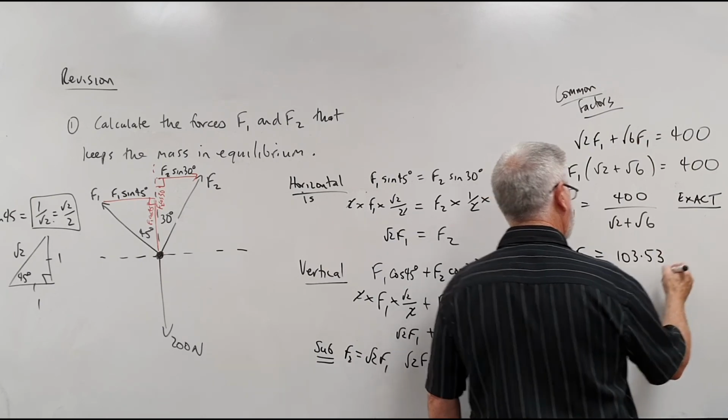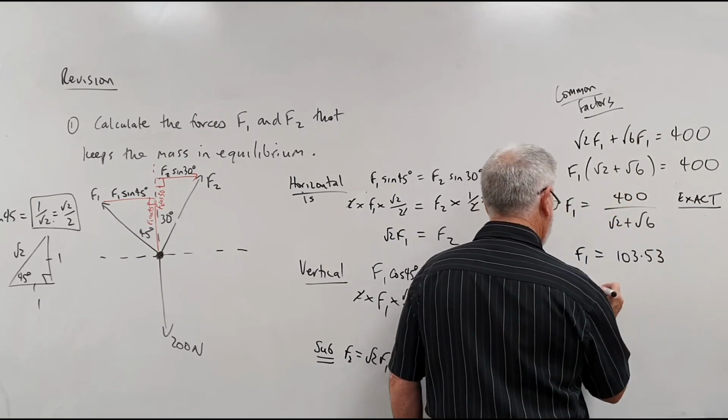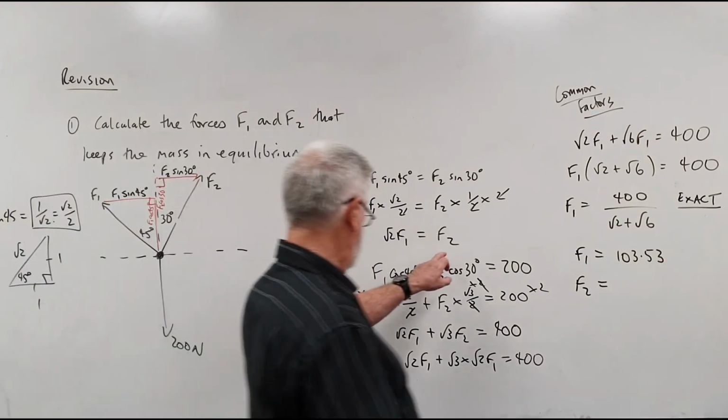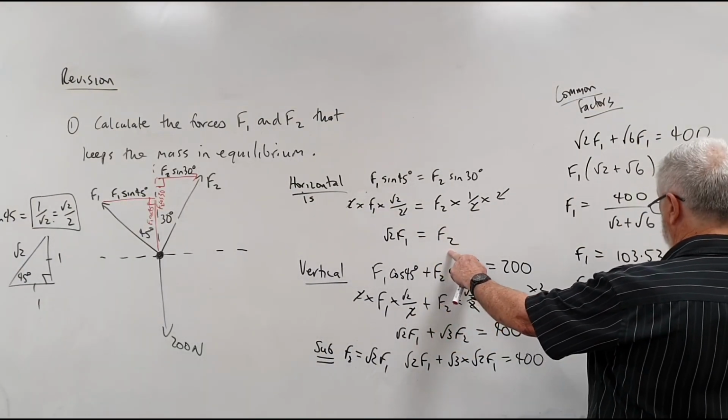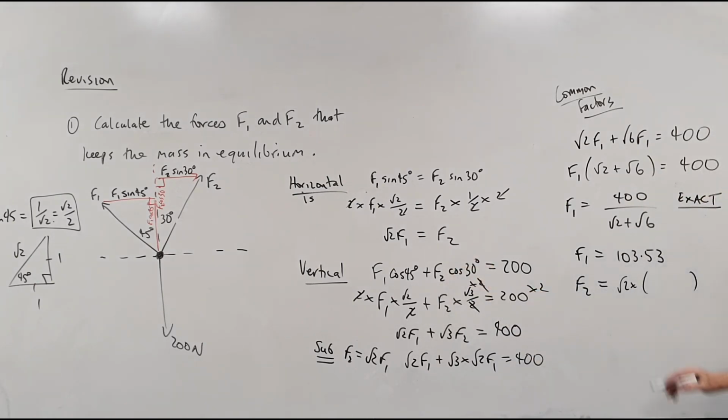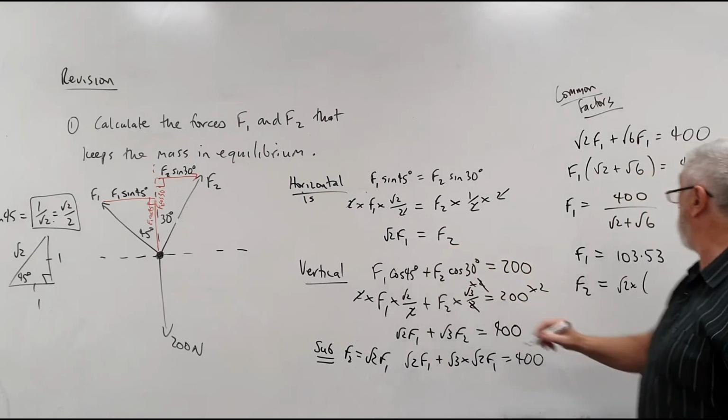And the nice part is when we do it as a decimal and we get F2, it's easier. Because otherwise, for F2, we have to go to that root 2, but it's not too bad. And look how nice this is. Just made up a question in my head, okay? So root 2 times what F1.